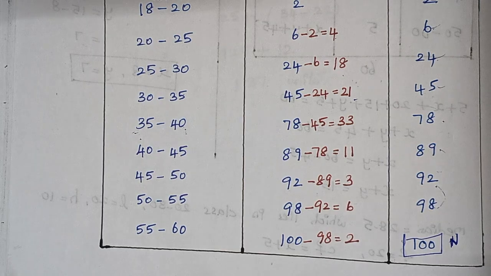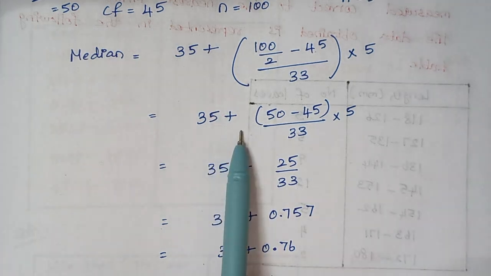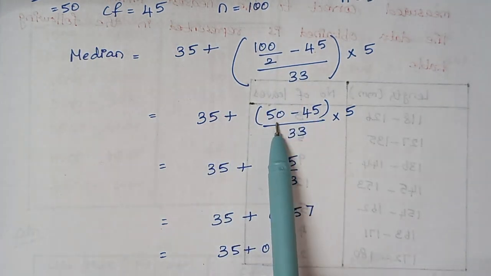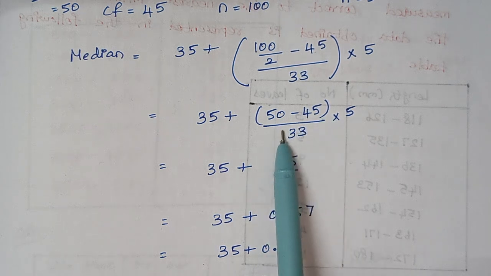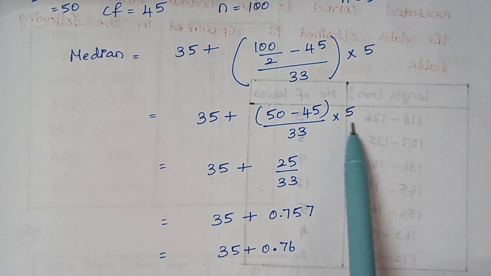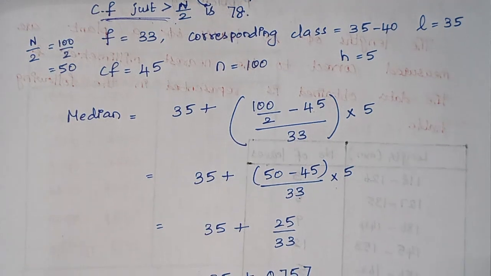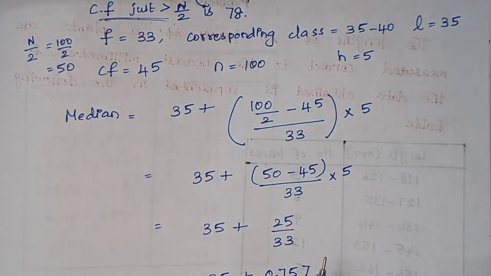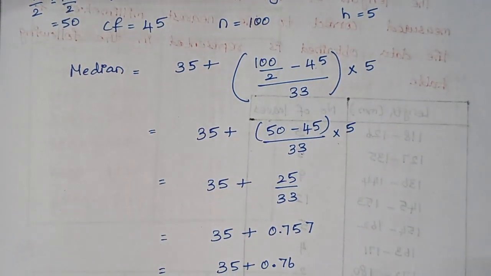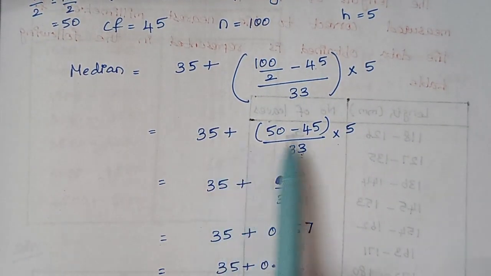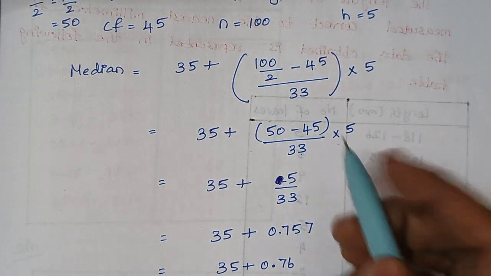Now we will substitute these values. It is 35 plus, 100 by 2 gives 50, minus the cumulative frequency 45, divided by F, which is 33, multiplied by H, which is 5. I have listed all the values, now we just have to solve. 50 minus 45 is 5, and 5 into 5 makes 25.